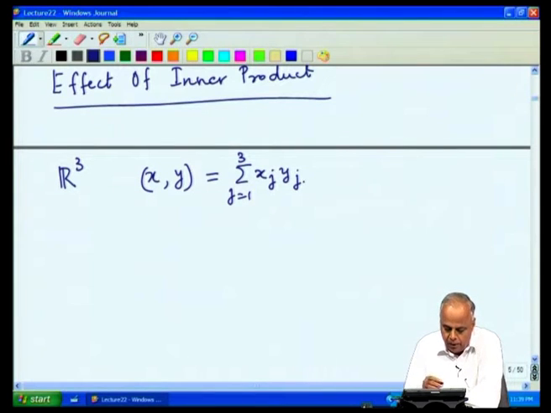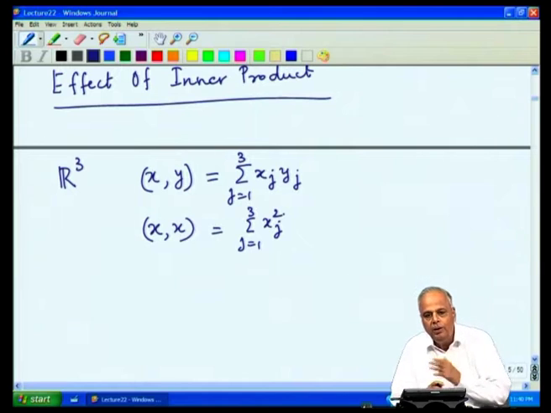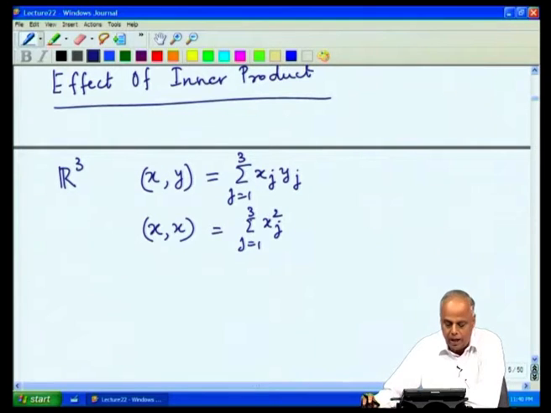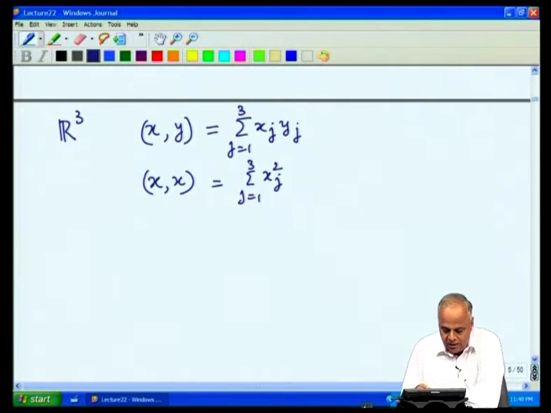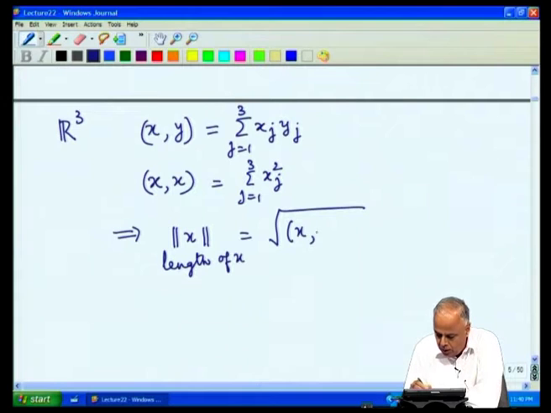And if we now take x comma x, we get summation j equal to 1 to 3 x j squared, which is the square of the Euclidean length of the vector in the 3 dimensional space. So, the square of the Euclidean length, which we normally define as the length, that is the distance from the origin to the point x 1, x 2, x 3. And therefore, the length of x is the square root of x comma x.